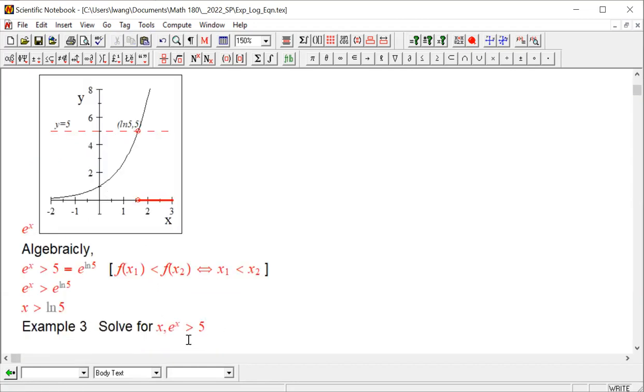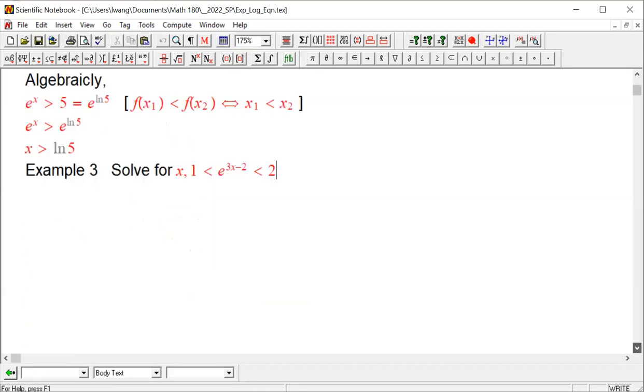Solve for x, but this one is e to the power of 3x minus 2, and we want this to be between 1 and 2. 1 less than that and less than 2. I'm making the fonts just a little bit larger. So that's the question. We want it to be in between.